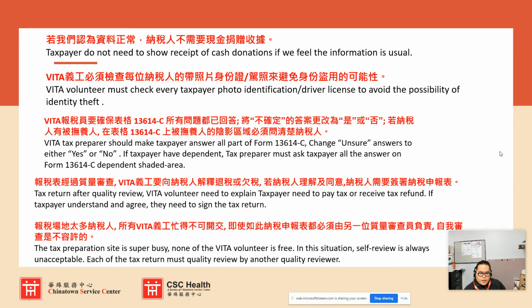After quality review, the VITA volunteer needs to explain whether the taxpayer needs to pay tax or receive a tax refund. If the taxpayer understands and agrees, they need to sign the tax return.